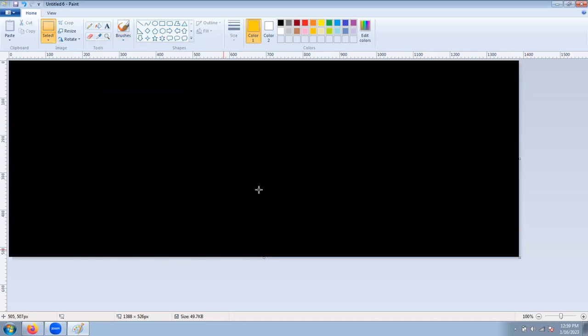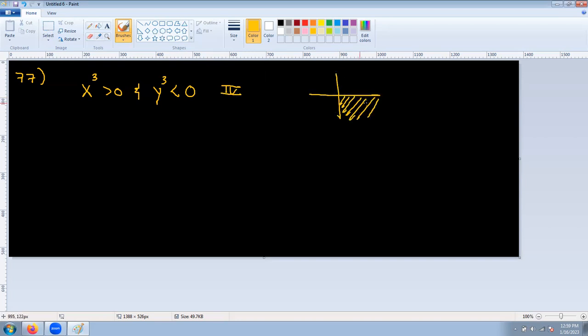Okay, so now this one is very tricky right here. Let's see about this one. So x cubed bigger than 0 and y cubed less than 0. So this apparently is true for quadrant 4. Is this true for quadrant 4?